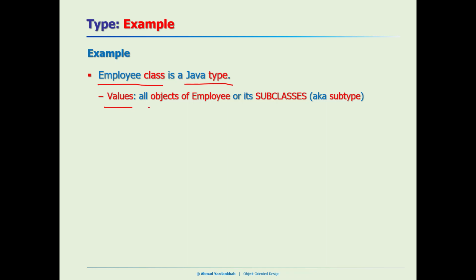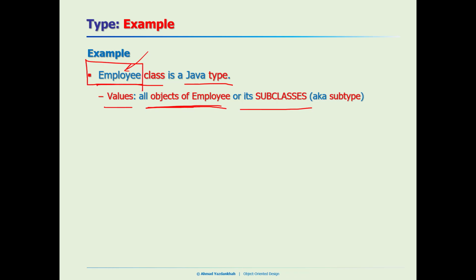All of the objects that we can instantiate from this class are the values. But the point is, not only those objects are the values of this type, but also all of the subclasses of employee can be considered as the values of this type.